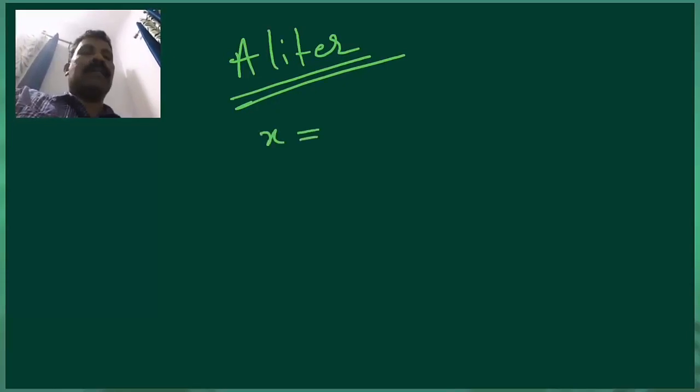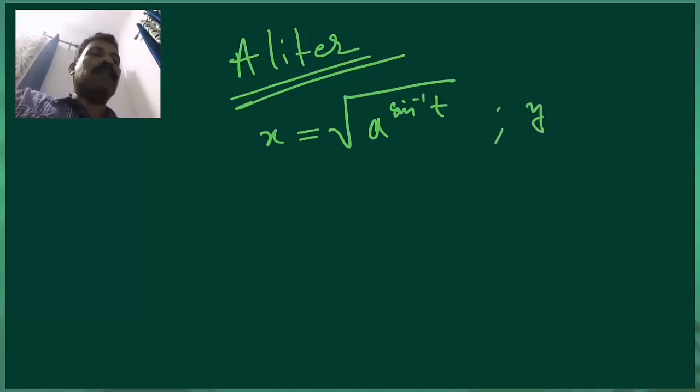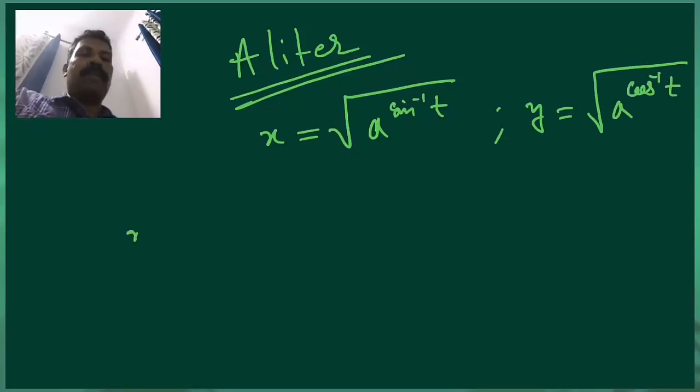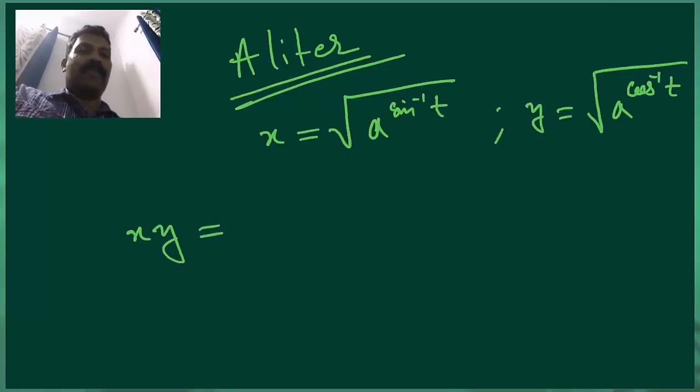So since x equal to square root a raised to sin inverse t and y is equal to square root a power cos inverse t, why don't we multiply xy first of all? Instead of differentiating, first of all we are multiplying xy. Then we are simplifying this.